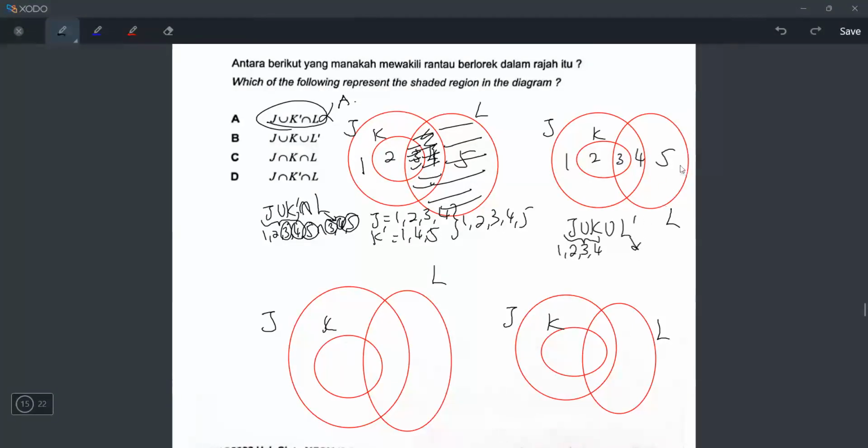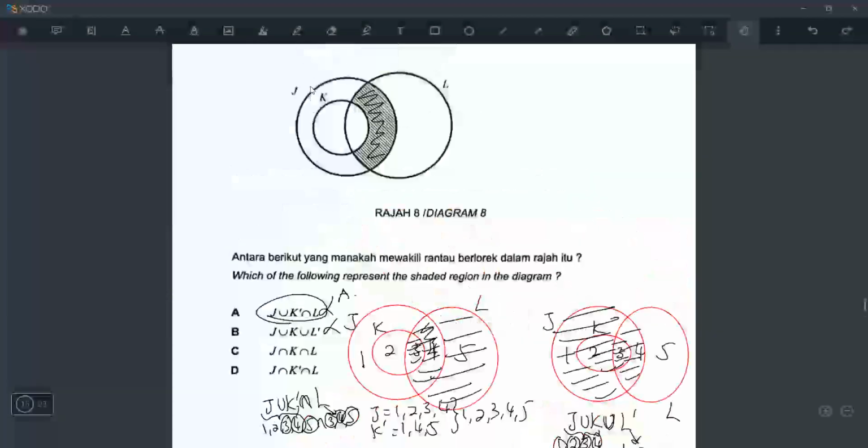L complement means everything except L. Inside L there's 3, 4, 5, so the complement of it will be 1 and 2. In the middle they say union, which means take everything, so 1, 2, 3, 4. The 1, 2 repeat already, so it is 1, 2, 3, 4. So B is also not the answer, because it's not the same as the shaded region above.